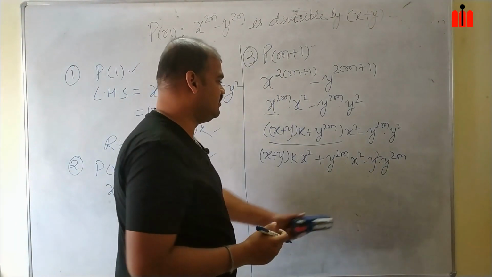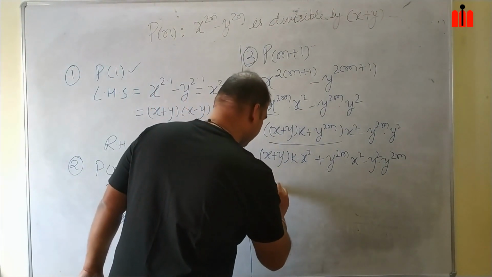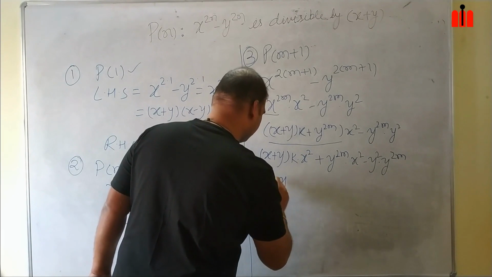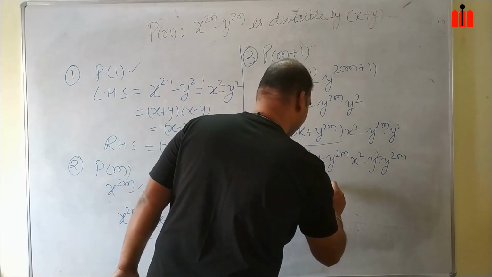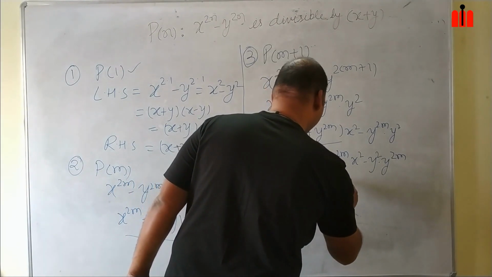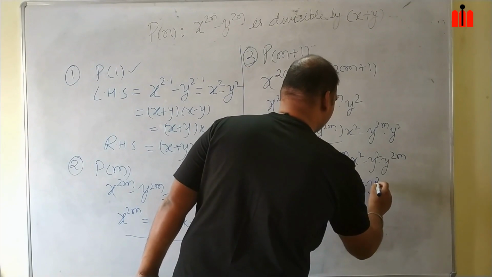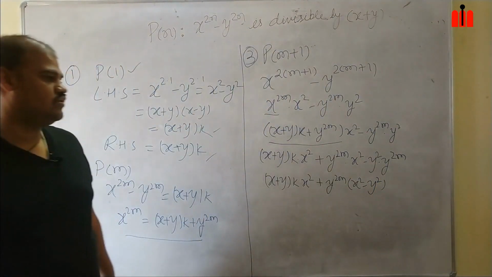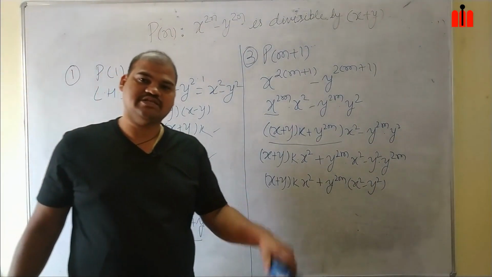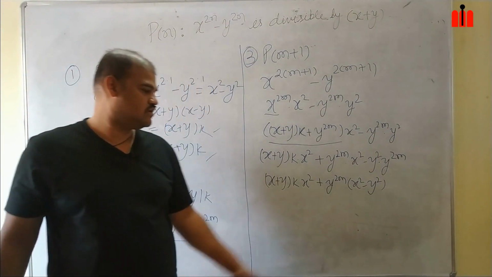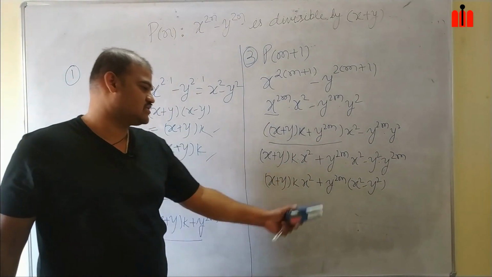Now I will take y to the power of 2m common from these two. Then it will be x plus y k x square plus y to the power of 2m into x square minus y square. Okay, I have taken y to the power of 2m common from that, so it will be x square minus y square, and this is x plus y into k into x square.